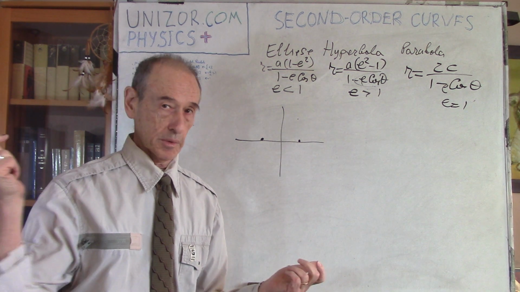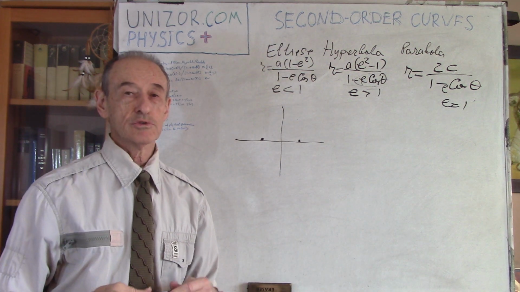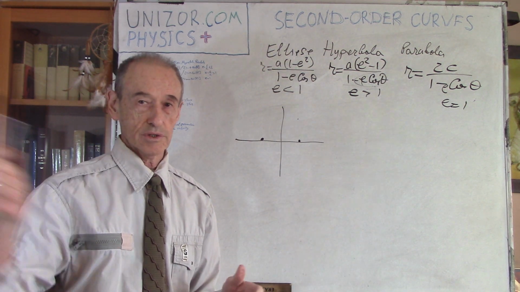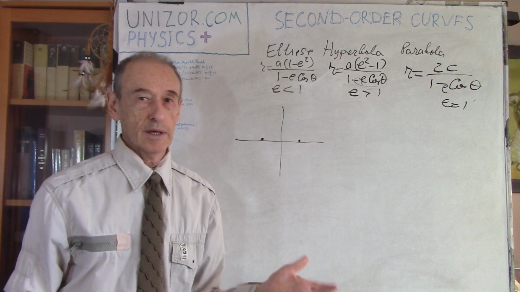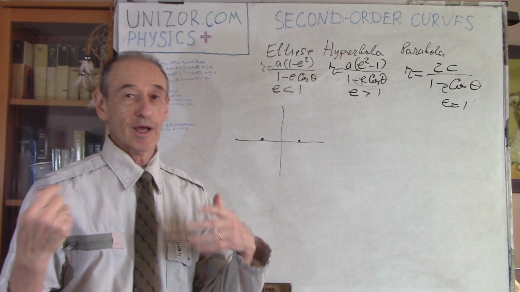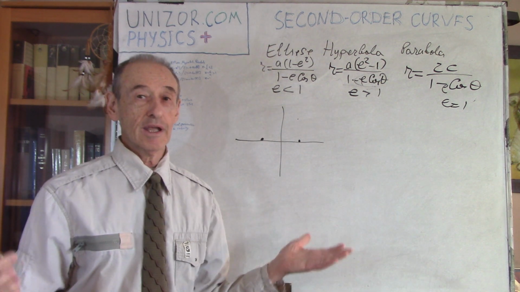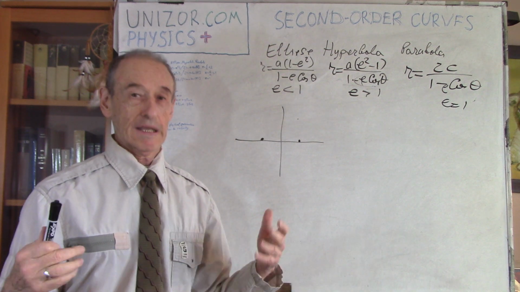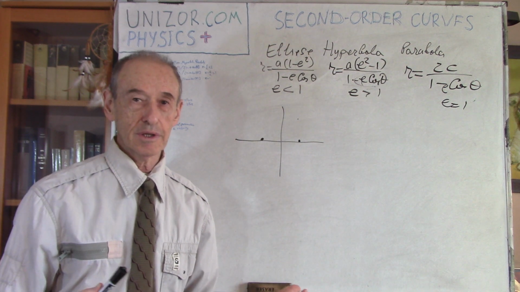If I have a comet coming into the solar system from outer space, what do I have? I don't have an ellipse or hyperbola or parabola. I have absolutely no knowledge about what kind of trajectory it will be.